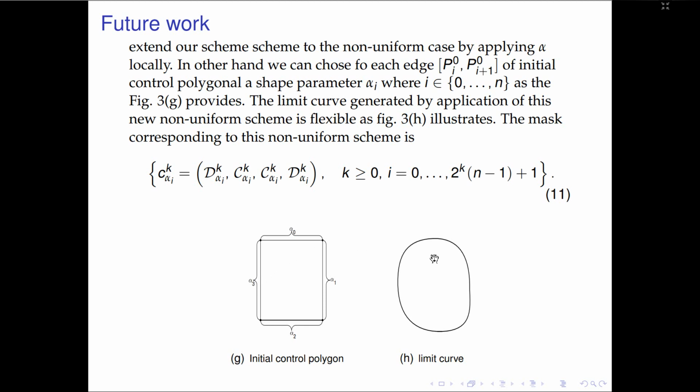And the result of this application is a new curve that contains different kinds of local limit curves, which means it can contain trigonometric, parabolic, polynomial, etc.